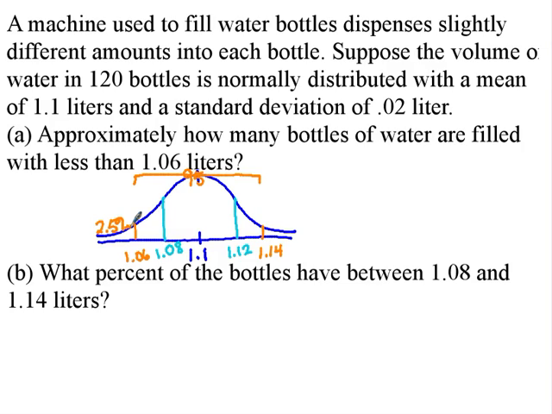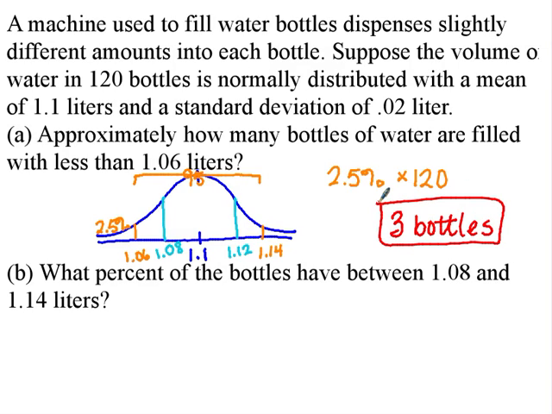Okay, so 2.5%, so if I take 2.5% times 120, what do you get? Three total. So 3 bottles.